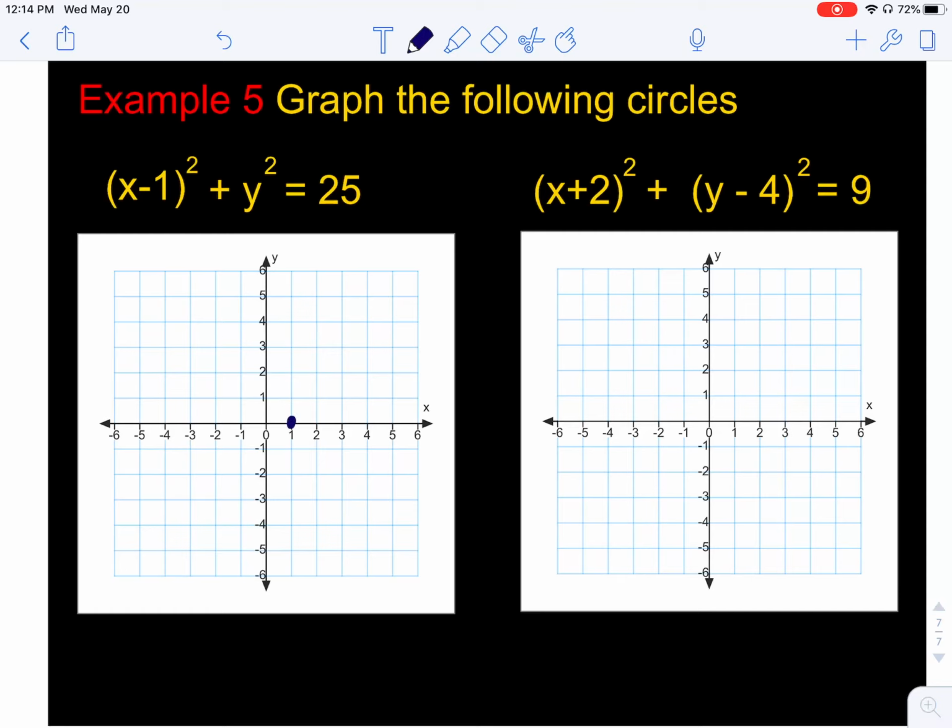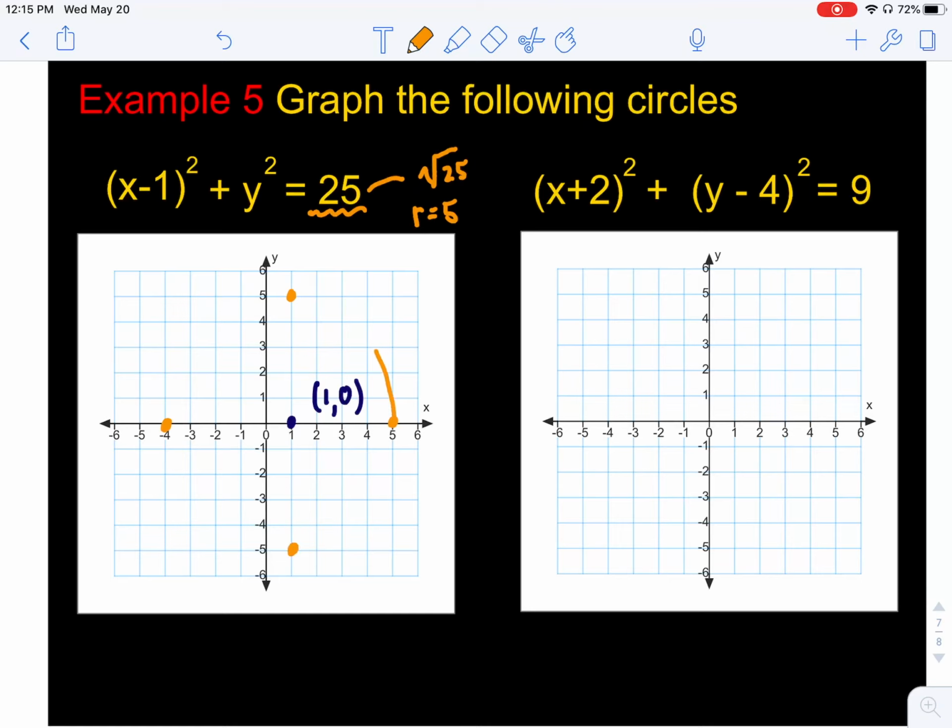So that's going to be the point 1, 0. And it's going to have a radius of the square root of 25, which is an r value of 5. So that one will have a radius of 5.